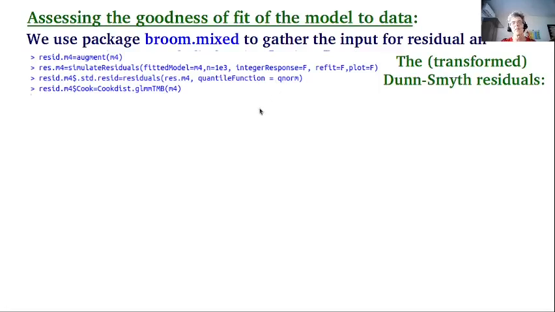I recall again that these residuals will only have a normal distribution if the model fits well, and then I use a function that I wrote, cooks distance glmmTMB, that allows us to obtain the Cook's distances for each of the points for a model obtained with the package glmmTMB. This function can also be found in the codes that are provided as indicated in the first and the last slide of this video.